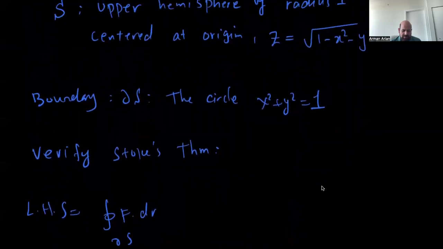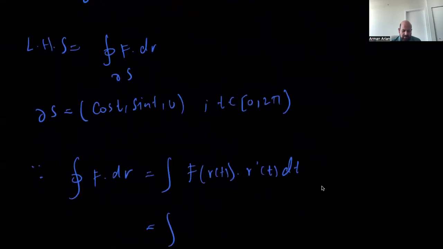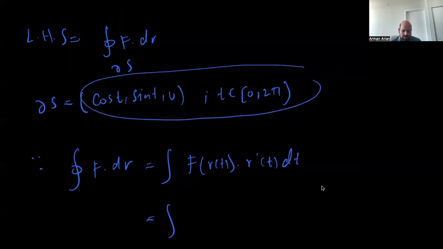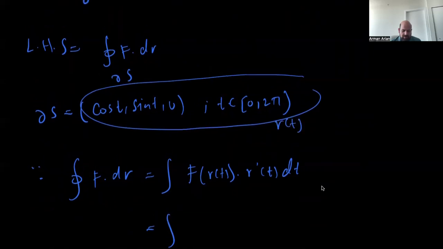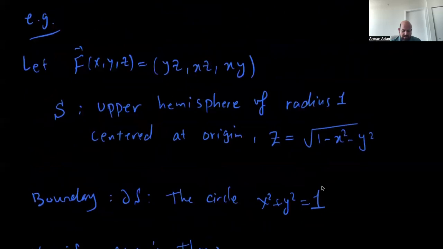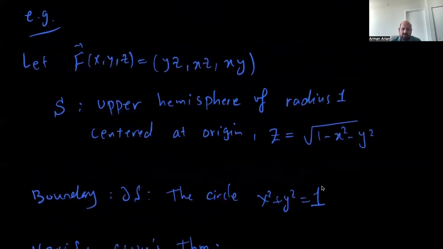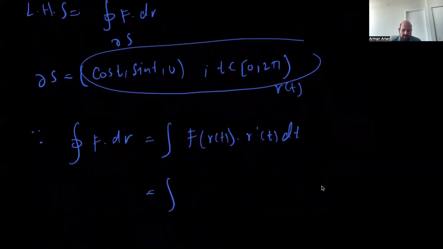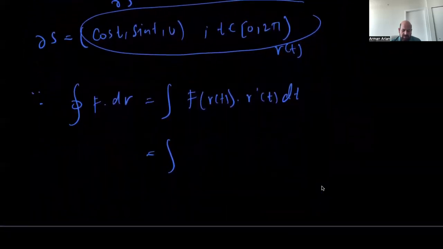Look at the parametrization that we had; this is our r of t. So the z value is 0, so yz becomes 0. xz also becomes 0. But the third coordinate is xy, which would be non-zero. x is cos t, y is sine t. So F of r of t is 0, 0, cos t sine t.